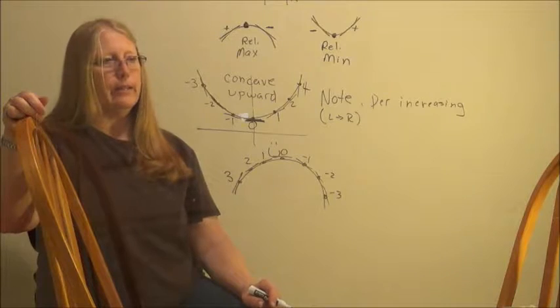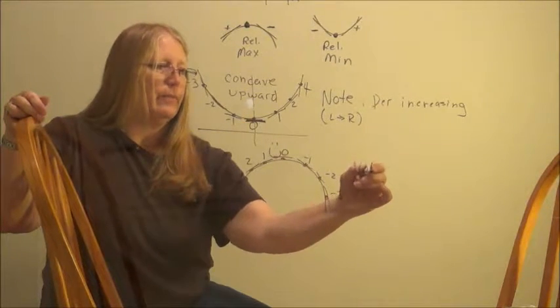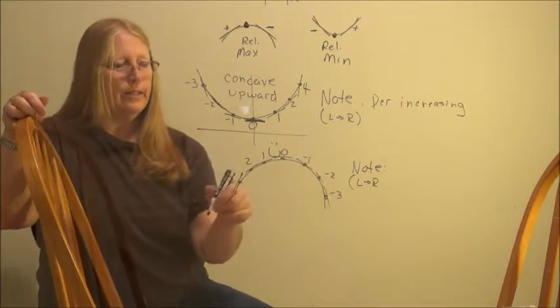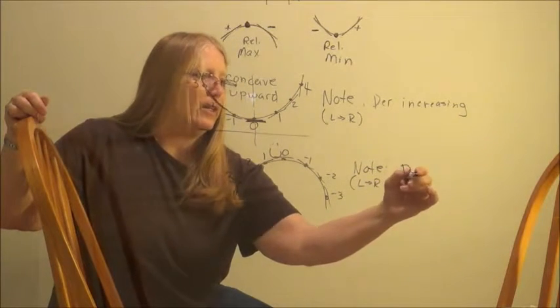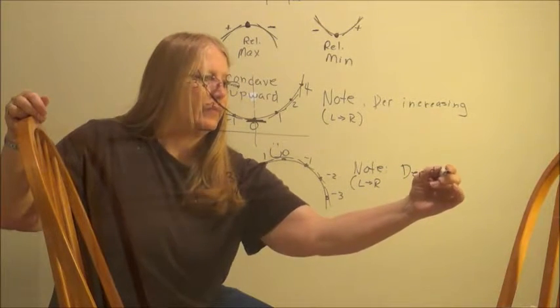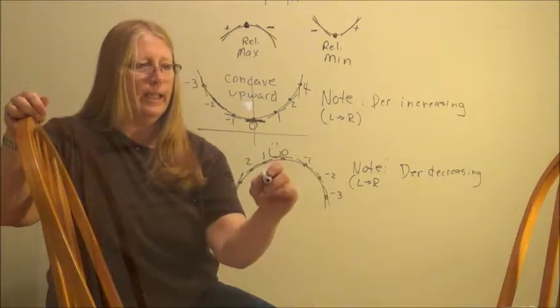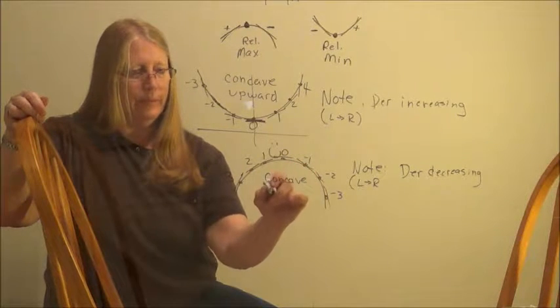So what's happening to the slopes from left to right this time? Note, from left to right, the slopes are getting lower. So derivatives are decreasing, and that is called concave downward.